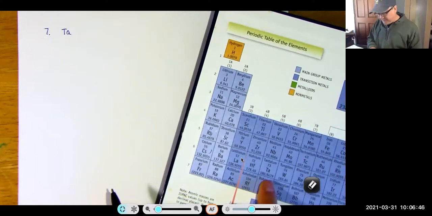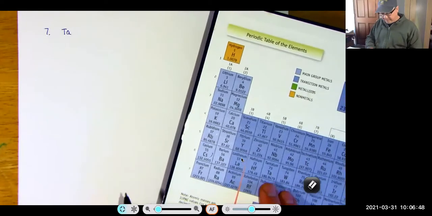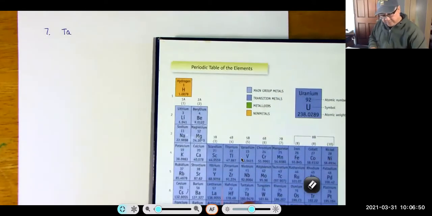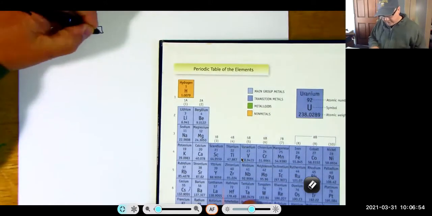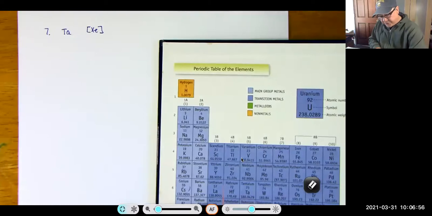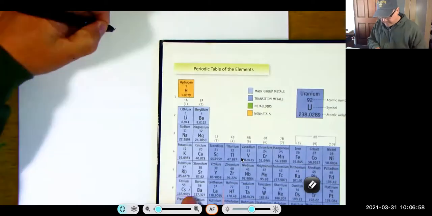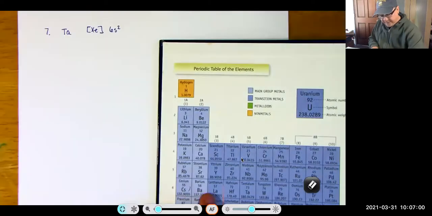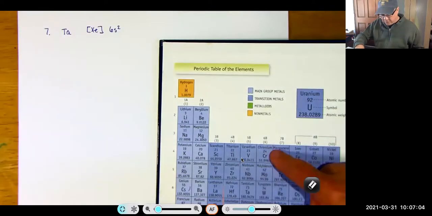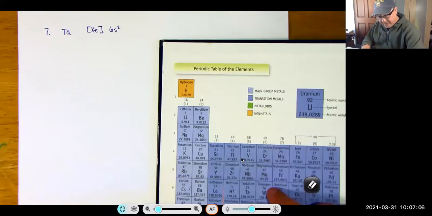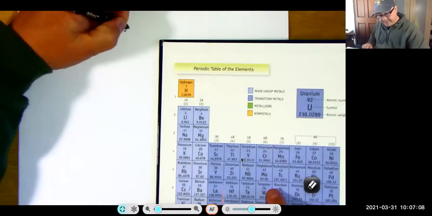It's number 73, and the element before it is xenon. So you should get 6s2, and then 1, 2, 3. This is 3d, 4d, 5d. So 5d3.